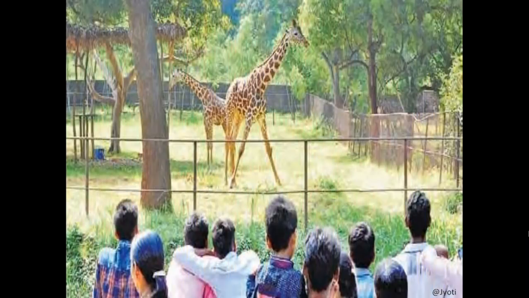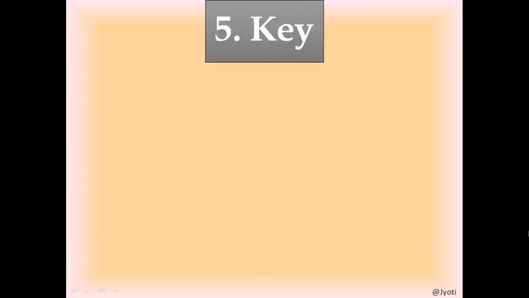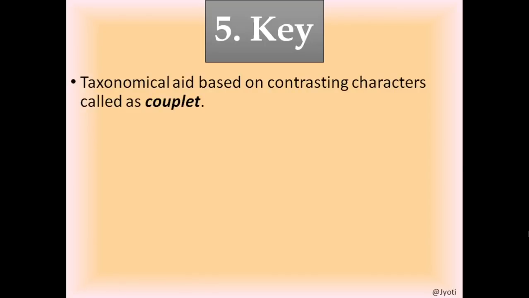So this is a zoo, and I think all of you have visited a zoo, so nothing more to say about it. Now the next one is the key. There are different types of keys. This is the taxonomical aid based on contrasting characters called a couplet.